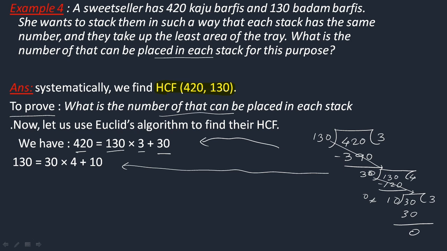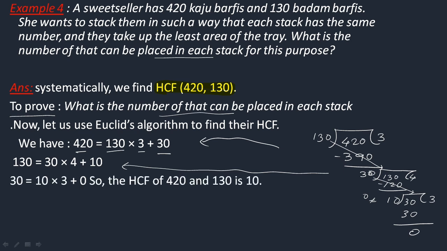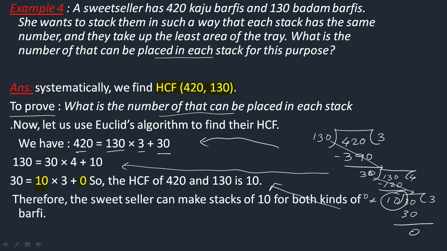It's 3 times, and it is 30, and the remainder becomes 0. So 30 is equal to 10 into 3 plus 0. Now we have got remainder 0, and 10 becomes the HCF of 420 and 130. So we can say that the sweet seller can make stacks of 10 for both kinds of burfis.